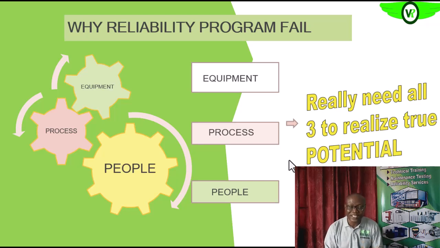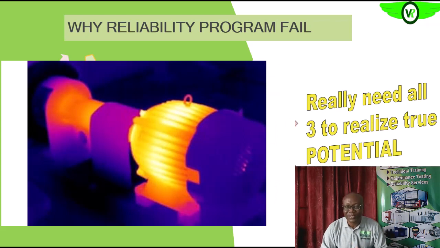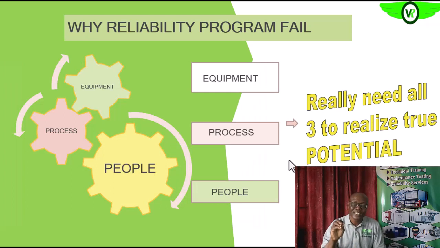Those technicians actually don't appreciate the condition under which that motor is operating. That is its normal operating thermogram, and that is what they fail to realize. And that is the danger, okay, of not integrating your reliability system.